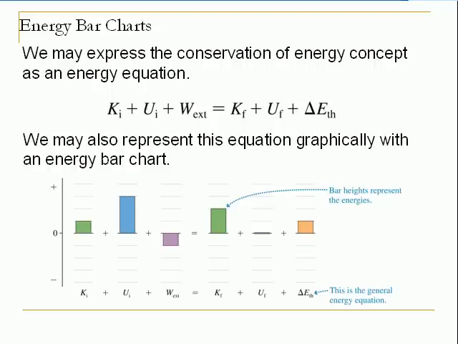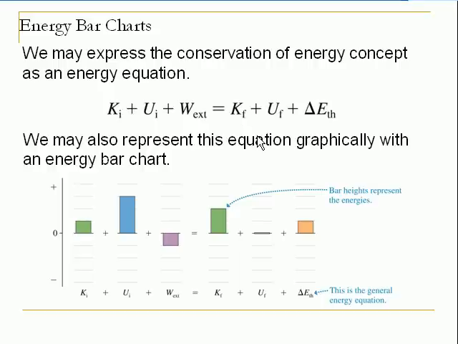Turns out that we can have an equation to express the conservation of energy. So a nice equation for expressing conservation of energy looks like this. There are a couple terms that we will not deal with too much in our presentation today, but basically this energy equation says that the energy before something happens is equal to the energy after something happens.